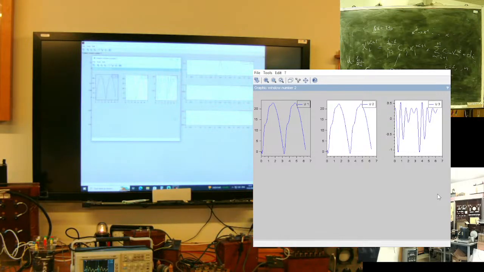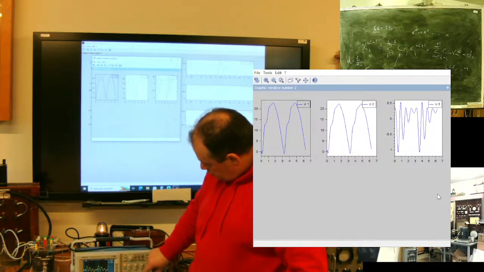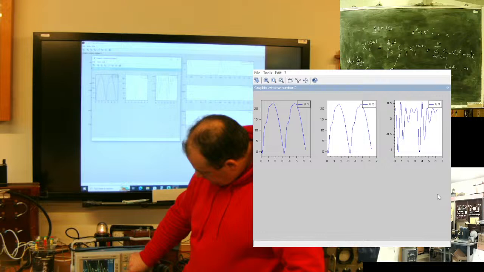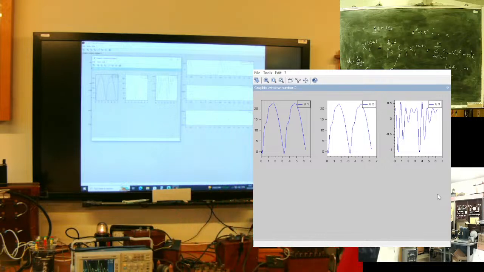Here, yellow line on the scale, this voltage. Change the scale. Something similar. You see decaying oscillations?